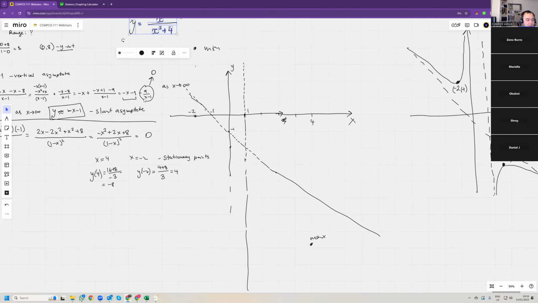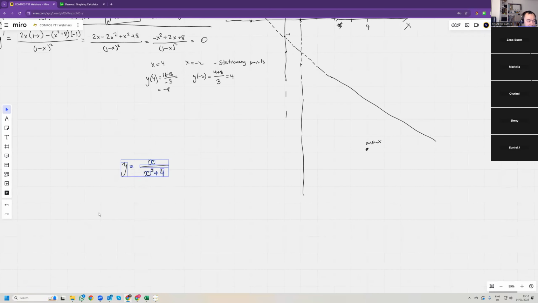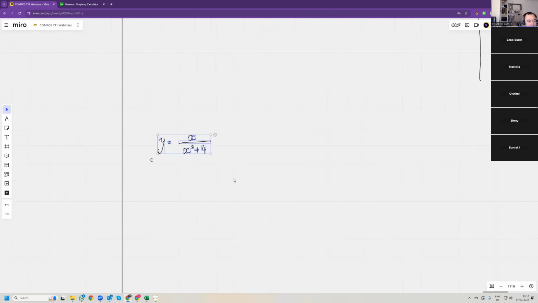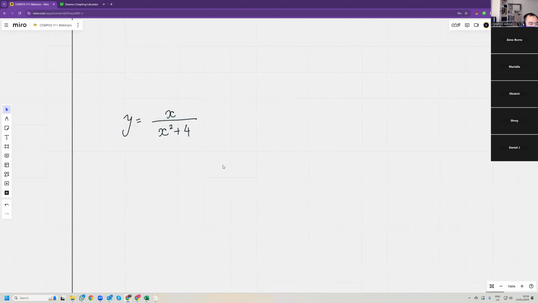Let's see if I can sketch this very quickly. I'll do a really quick analysis. I won't do the whole thing. So the first thing I notice is that the domain is any real number, x any real number.